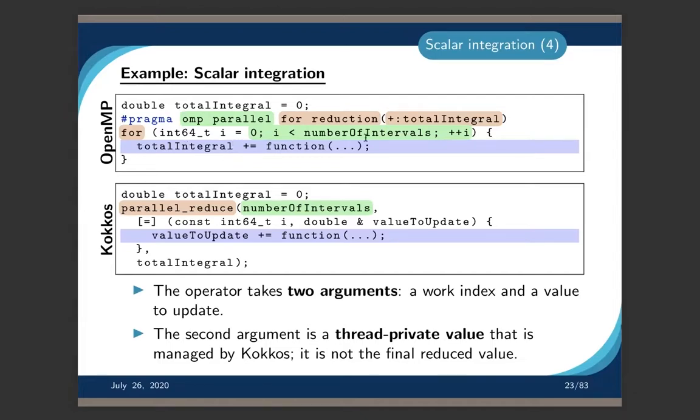And then at the end, the OpenMP runtime combines them all and puts them back into total integral. And the plus here actually only applies to the combination. You could write times equal here and get some rather weird type of integration. The same is true for Kokkos. You have to do the type of reduction you want, for the global reduction as well, explicitly in the work item.